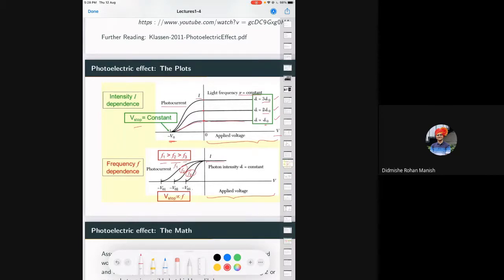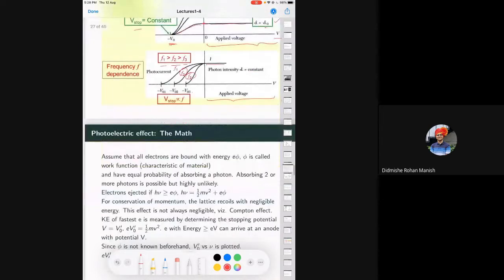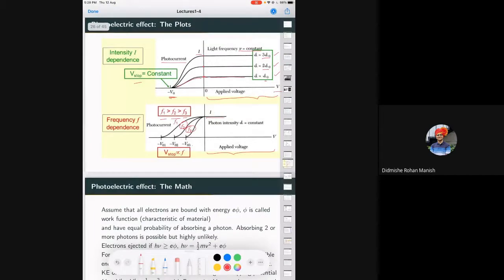So Einstein said that the energy packets in the light can be called photons. Okay, so these are units of energy, and the energy of this photon depended on its frequency, and intensity is basically the number of photons that are incident per unit time on the metal. So that is what Einstein proposed, and that can explain these observations.